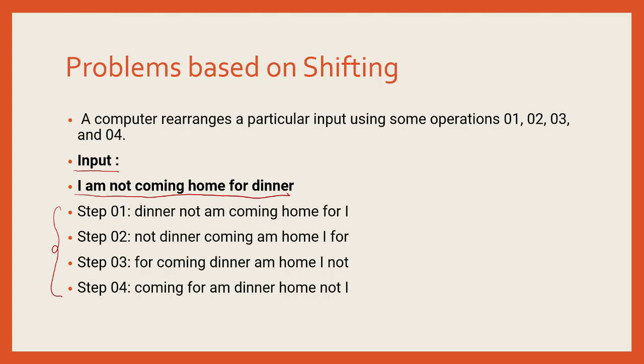In each step some operation is being done. That means the words or numbers are being moved from one place to another following a certain rule. So as an aspirant or as a candidate, we have to understand what the rule is that has been used here in shifting the words or numbers.